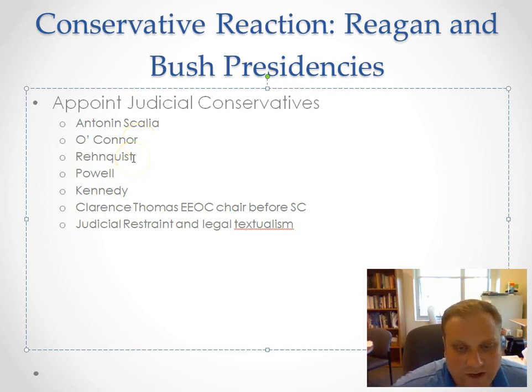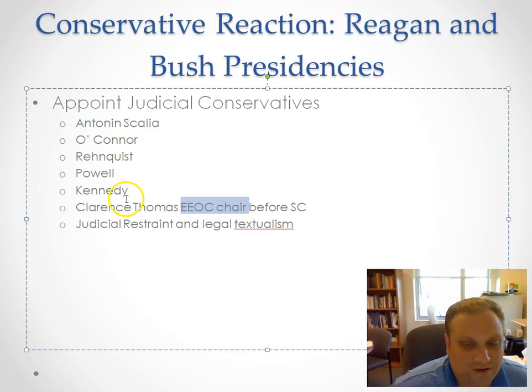William Rehnquist, who's already on the court, gets elevated to Chief Justice of the Supreme Court when Warren Burger leaves. You have Justice Powell added. You have Justice Kennedy added. And then during the Bush administration, Thurgood Marshall, who was on the court, retired, and he is replaced with Reagan's chair of the Equal Employment Opportunity Commission, Clarence Thomas.